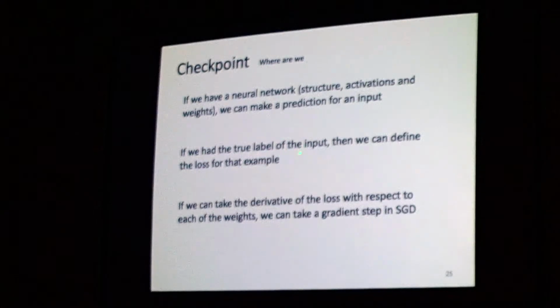We have the true label of each input, so we can define the loss for that example. Our goal is to compute the derivative of the loss with respect to each of the neural network weights. Once we get this derivative, we can take a gradient step in the SGD framework. This is our current setting. Any questions so far?